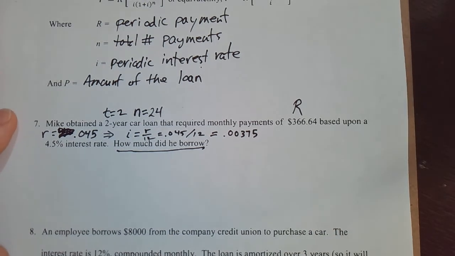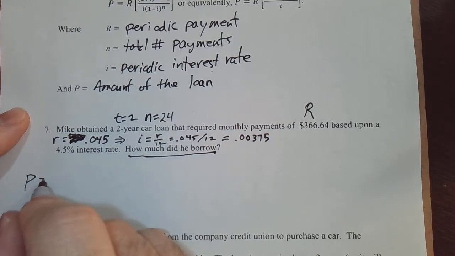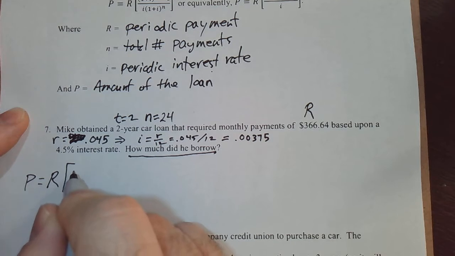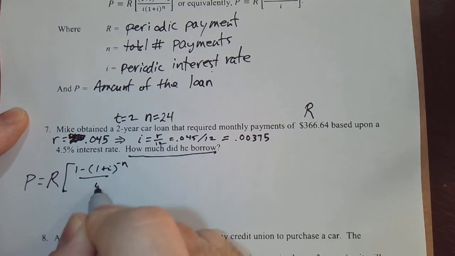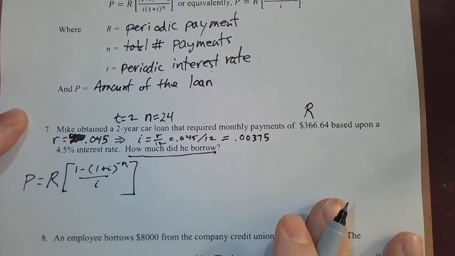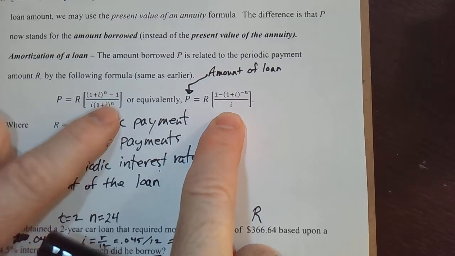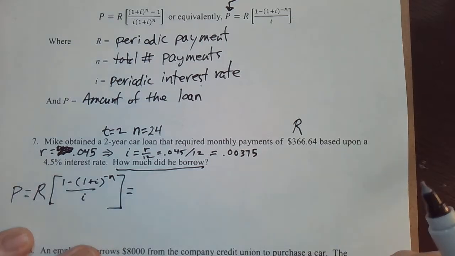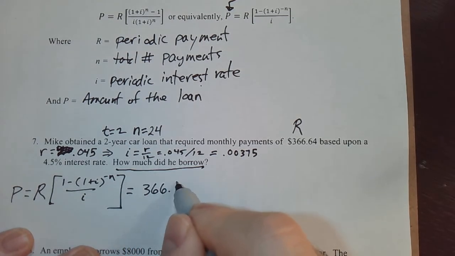I think that's about all we need to plug it in now. I'll write the formula down again. It's P equals R times 1 minus 1 plus I to the negative N, over I. And again, I'm using my favorite formula, using this one instead of this one. You can use either one. The periodic payment was 366.64.